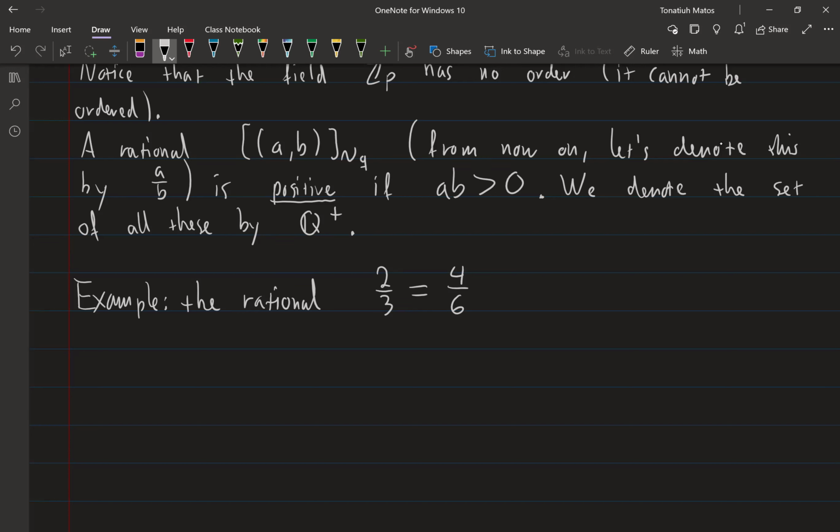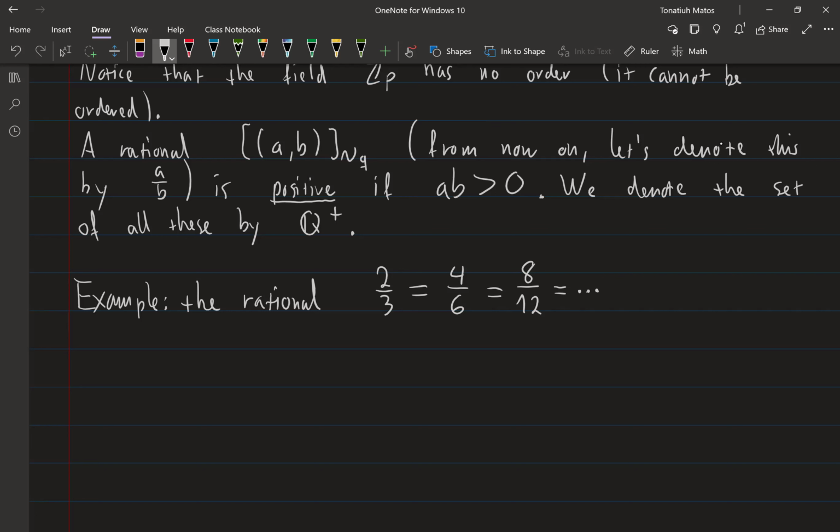And by equivalent, I mean that the equivalence classes are equal because these pairs are related under the equivalence relation, right? I could also have picked (8, 12), and so on, right? So there's infinitely many representatives for each rational. The same thing happens with the integers, but here it is, I think, a lot more clear what these equivalences mean, how these pairs are equivalent. Two pairs are equivalent if they produce the same ratio, essentially.